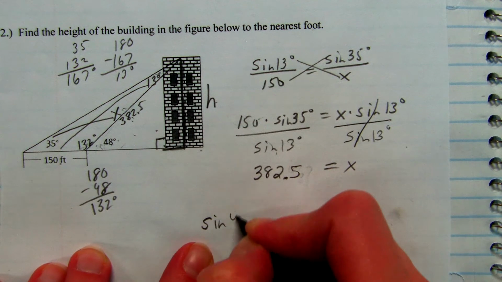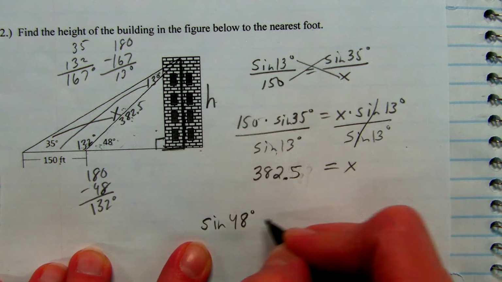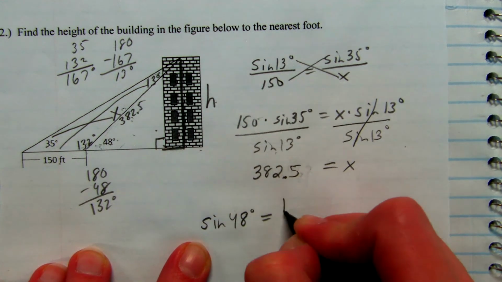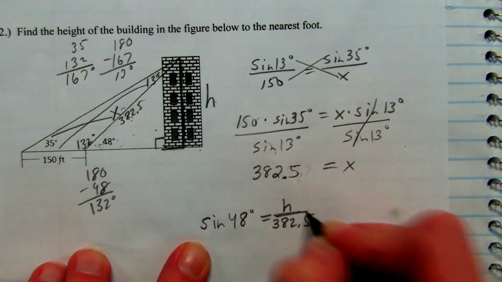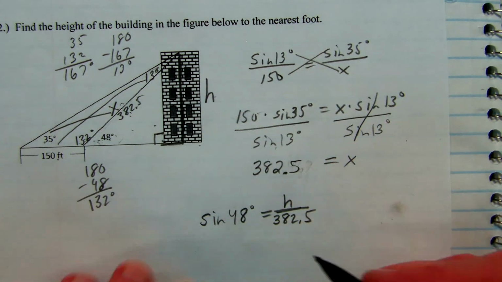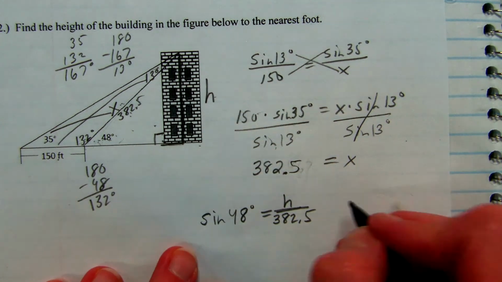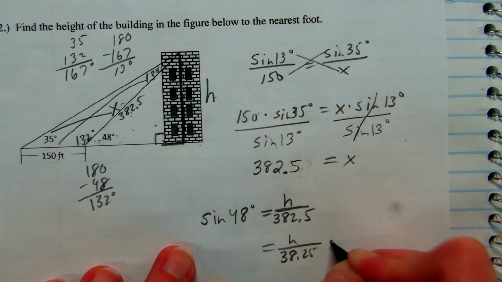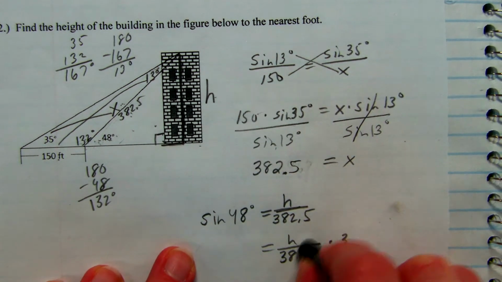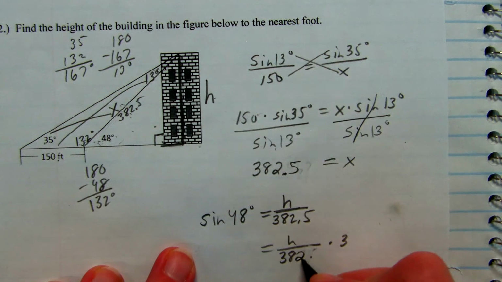So we could set up just a simple trig ratio. Sine of 48 degrees equals the height over 382.5. Going back to just some regular trig, multiply both sides. I'm going to write it out again, just so I don't put the decimal in the wrong place, trying to go too fast.